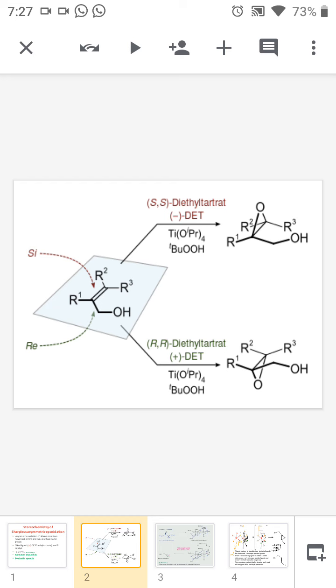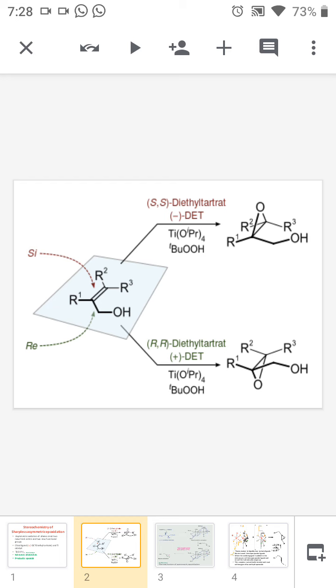And since it is a planar structure, there are two possibilities for the attack: the nucleophile or the reagent can approach from both sides, either from the top or from the bottom. So this face we call it as Si face or Re face. That is clearly mentioned in the slide.